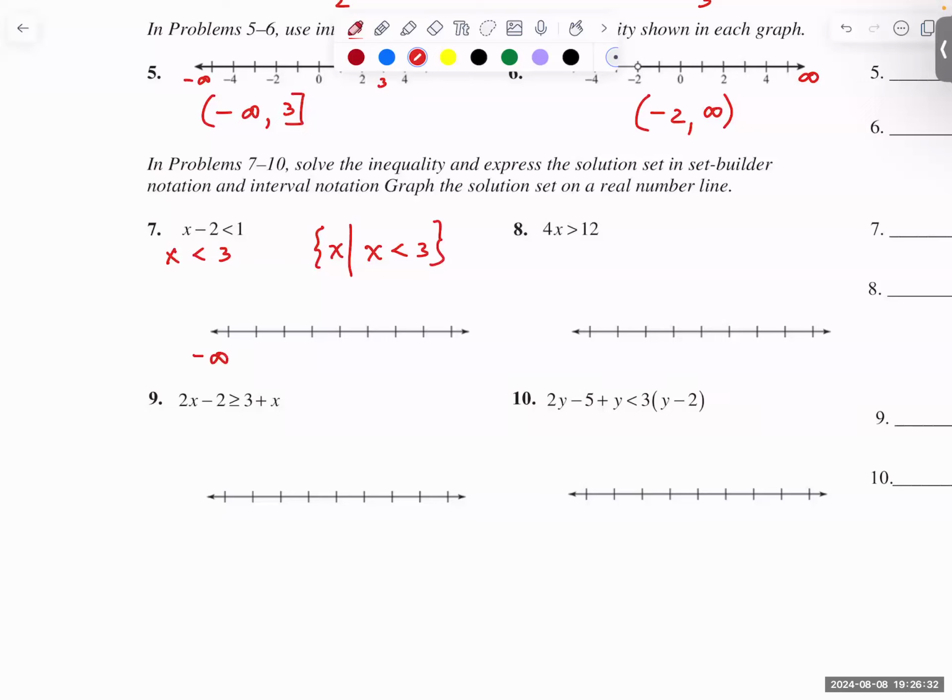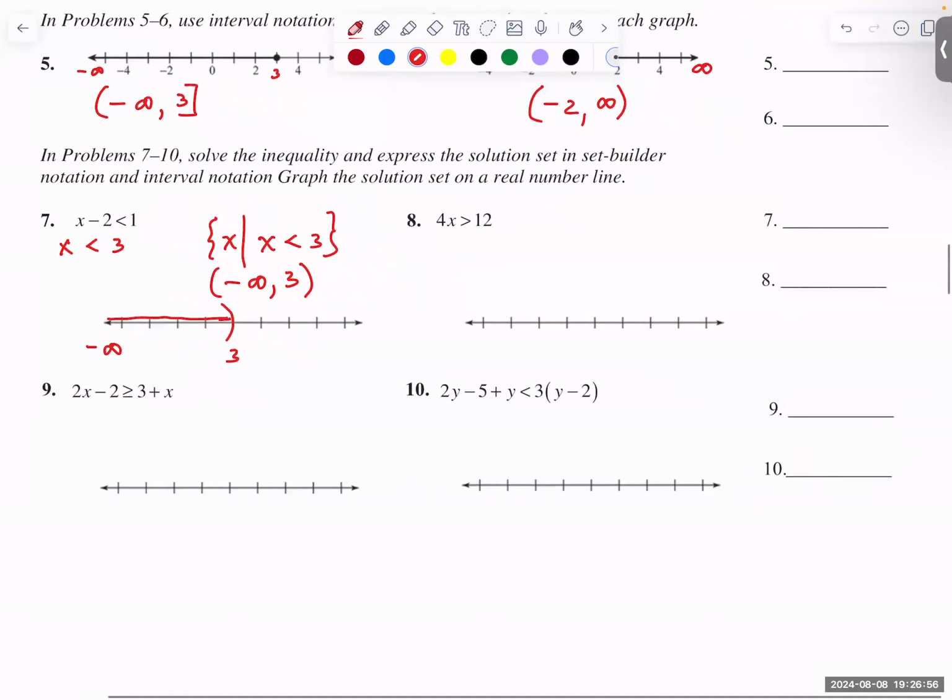Interval notation will be left parenthesis, -infinity, comma, +3, strict inequality, parenthesis. And let's put 3 here on the number line, shading to the left, and a right parenthesis at +3.